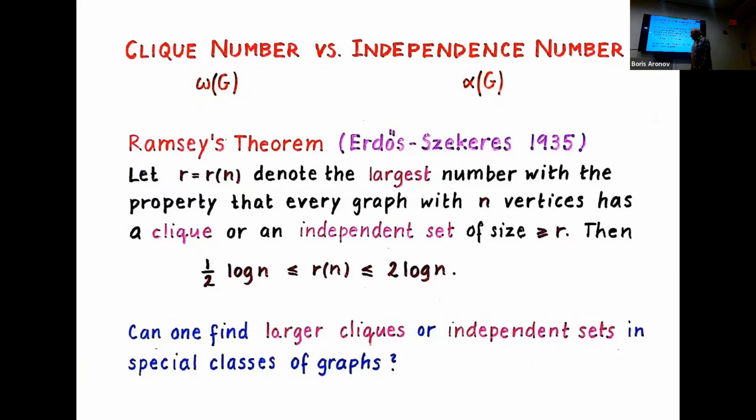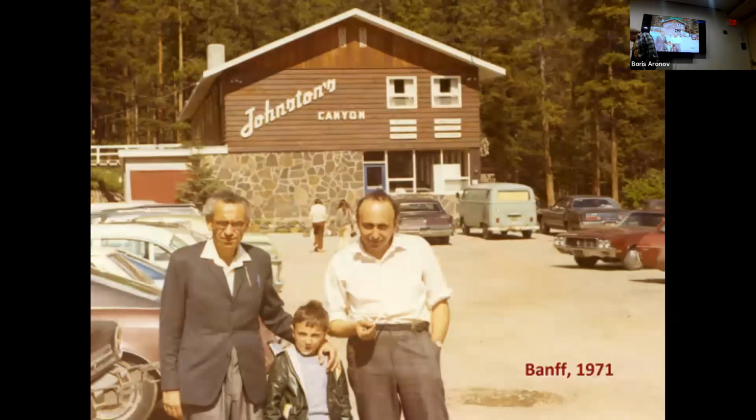And the famous conjecture of Erdős and Hajnal, which they probably already had at the time when the picture was taken in 1971. Yes, this guy is more than 50 years old now. It is the following.